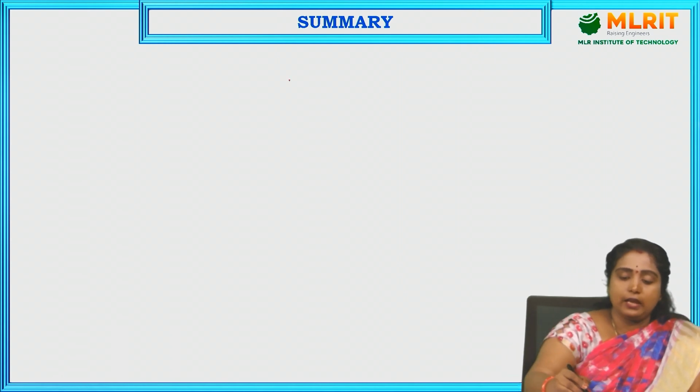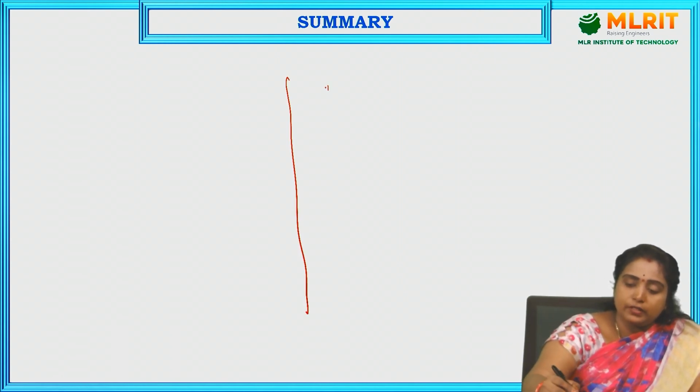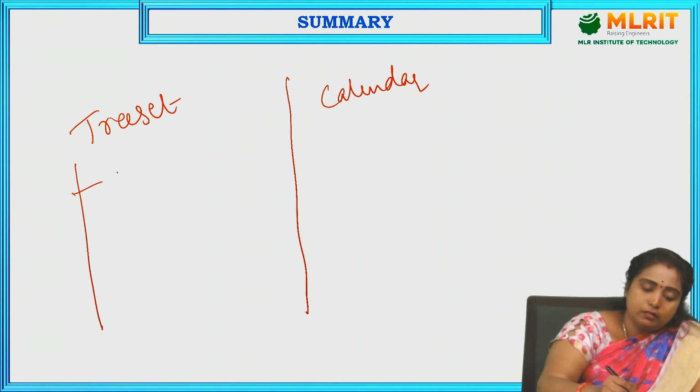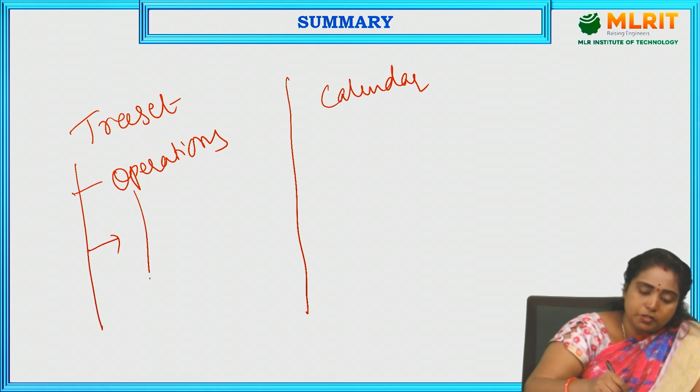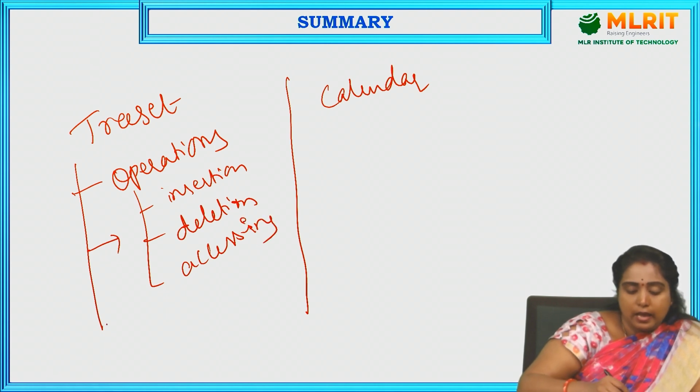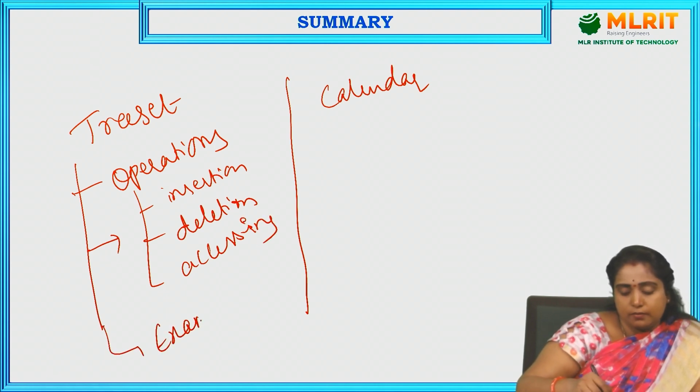So in this session we have seen two topics: one is the Calendar class and one is TreeSet. In TreeSet, we have seen what TreeSet is and what operations you can perform on it, such as insertion of elements into the TreeSet, deletion of elements from the TreeSet, how you can access elements from the TreeSet, and an example program for it.